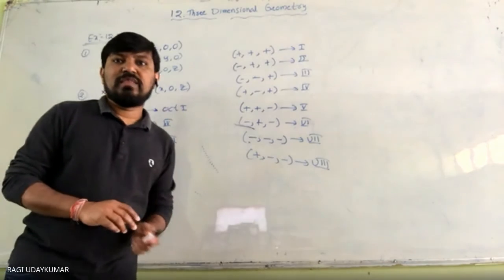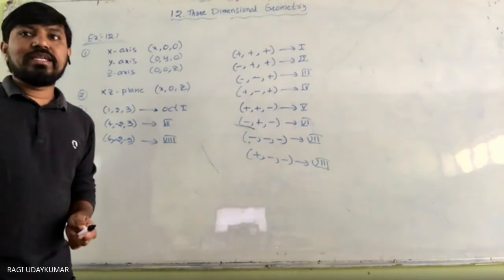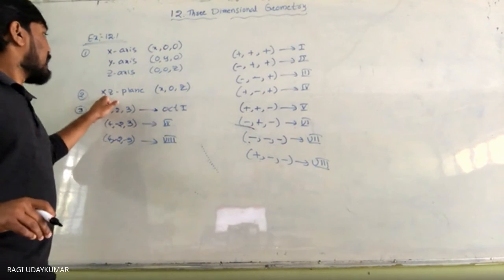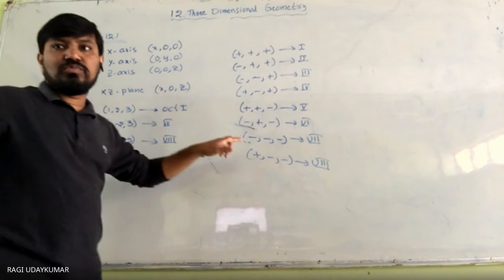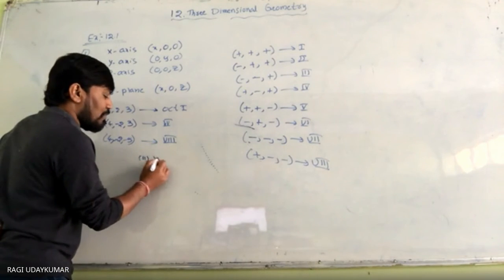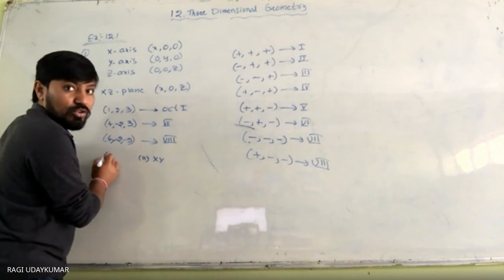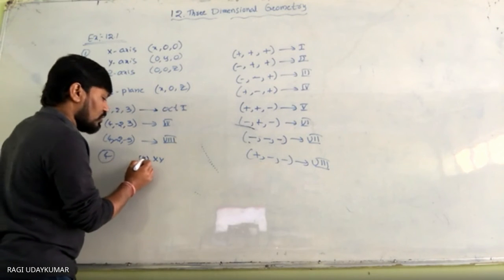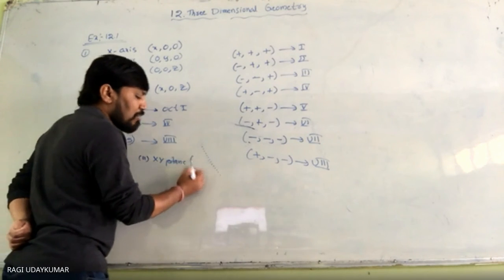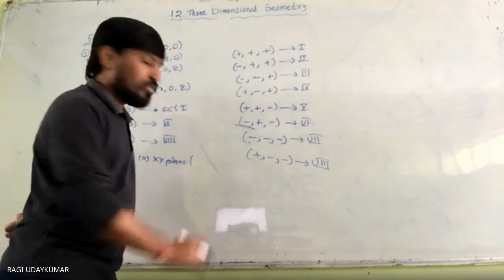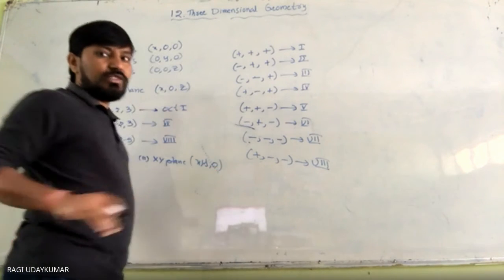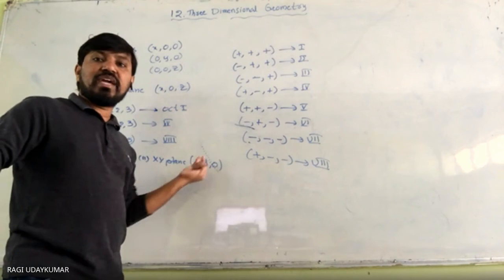The second fill in the blank: the coordinates of a point in the xy plane are of the form. In the xy plane, z will be 0. Any point on the floor you take is x comma y comma 0, because the z coordinate represents the distance from the xy plane.